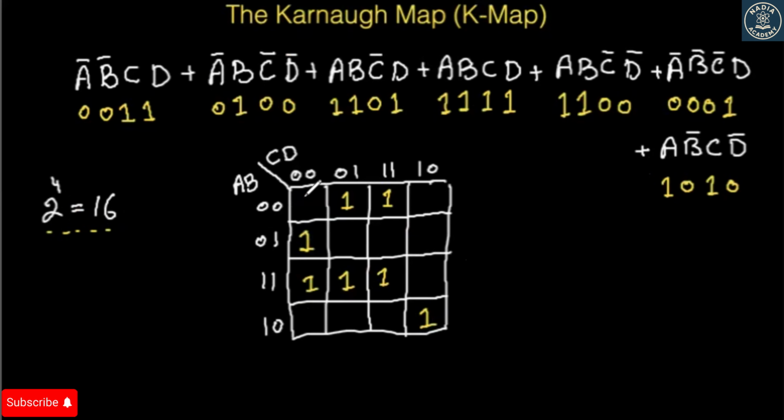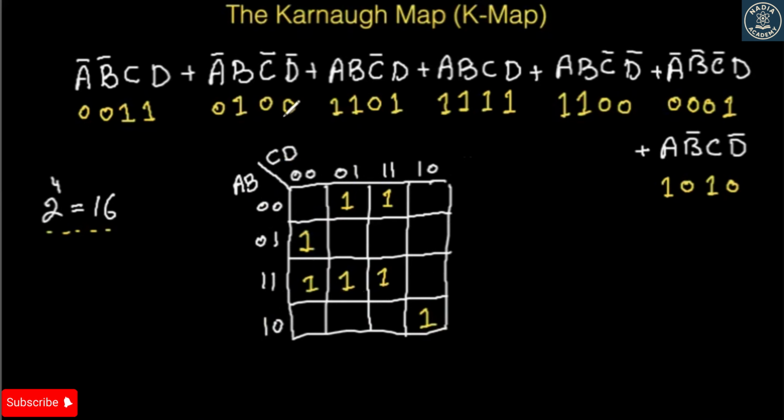So 16 means this will be a 4 by 4 square table of cells. Each cell belongs to a binary value of our system. So we will have AB and CD. Values will start from 0, 0, 0, 1, 1, 1, 1, 0, and similarly on the other side, 0, 0, 0, 1, 1, 1, 1, 0.